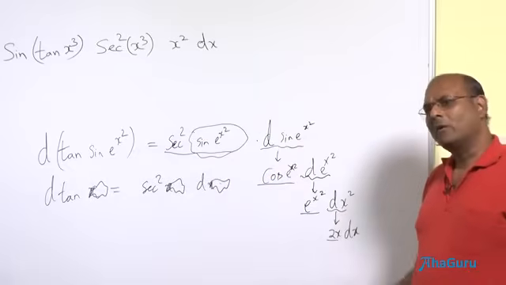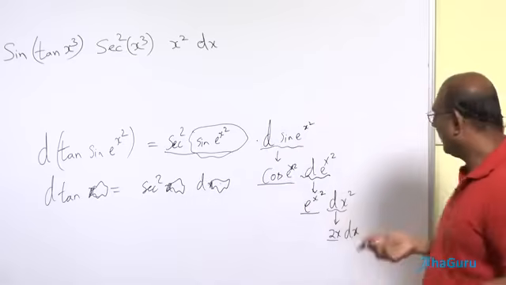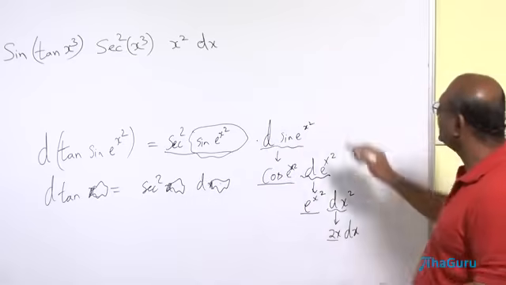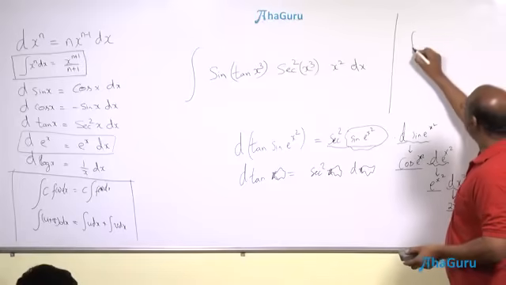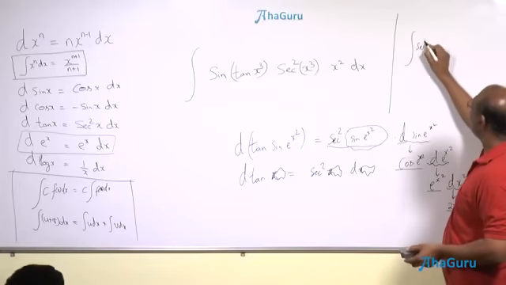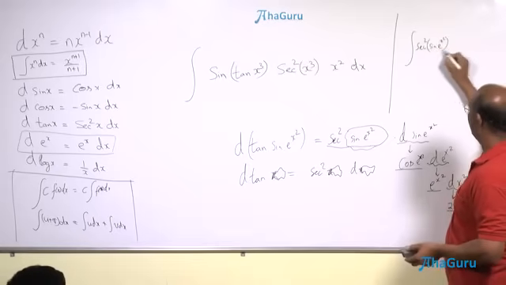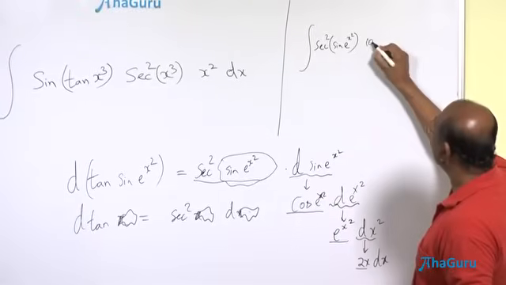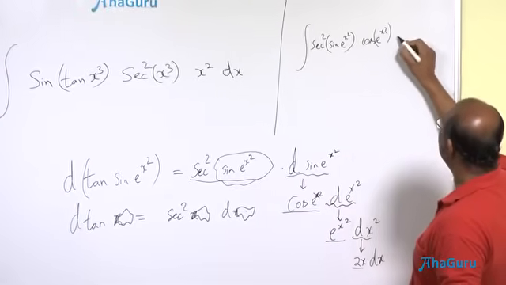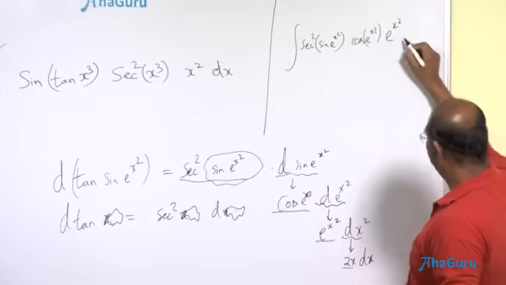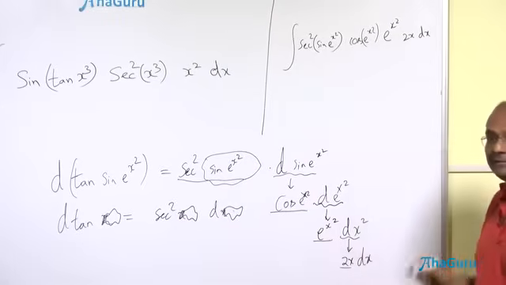Okay, what do we want to do now? We want to basically pack things back. No problem. If I had a question that looked like this, integrate secant square sine of e to the power of x square into cos of e to the power of x square into e to the power of x square into 2x dx. Very easy.